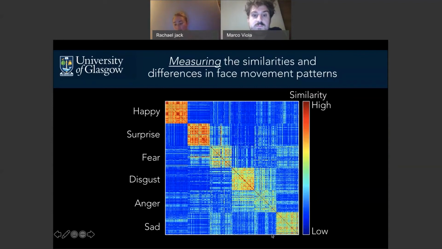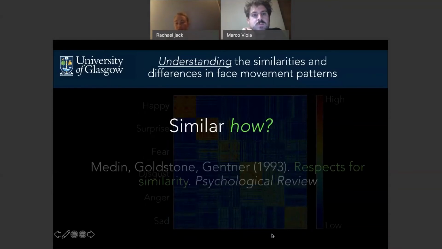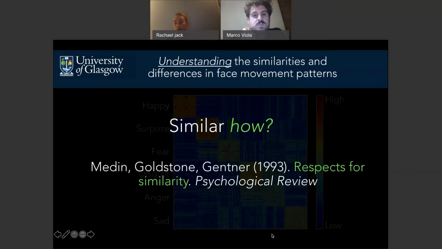It doesn't go to that level of precision. But because we have an individual action unit based analysis, we can, of course, specifically isolate which action units are common and different across categories or cultures. And this is a very important issue in the cognitive sciences, particularly with respect to categorical perception: if two things are similar, how are they similar?